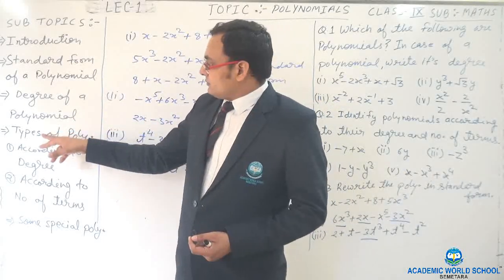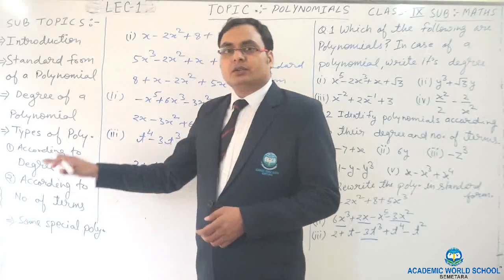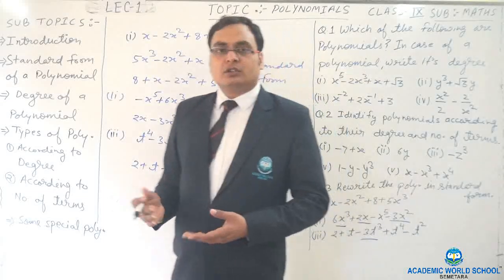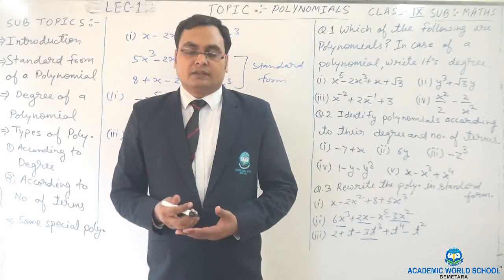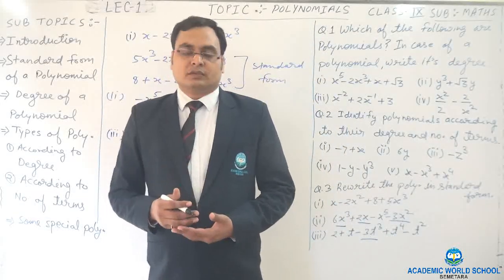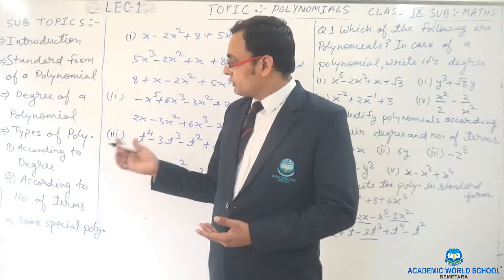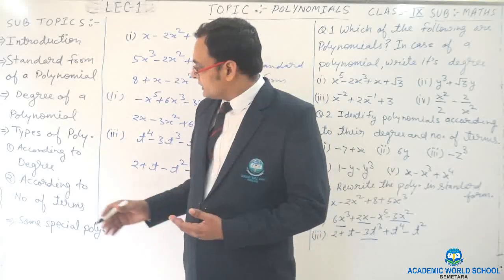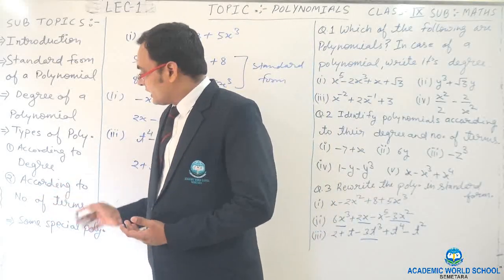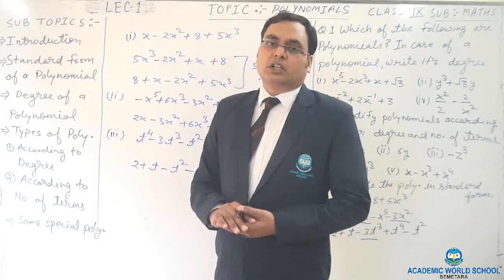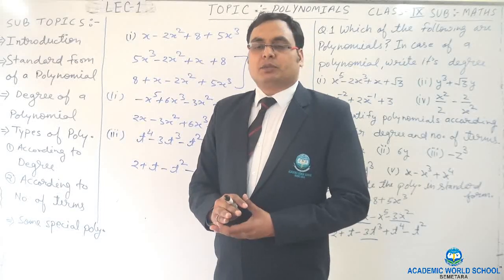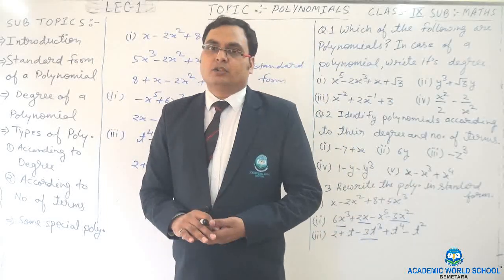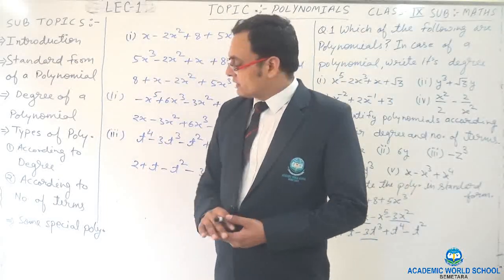Next, types of polynomial according to degree. According to degree, the polynomials are divided in linear polynomial if the degree is 1, quadratic if degree is 2, if degree is 3 then it will be a cubic polynomial, if degree is 4 then biquadratic and so on. Next, according to number of terms. According to number of terms, if the polynomial is having one term, it is known as monomial, 2 terms then binomial, 3 terms then trinomial and so on.